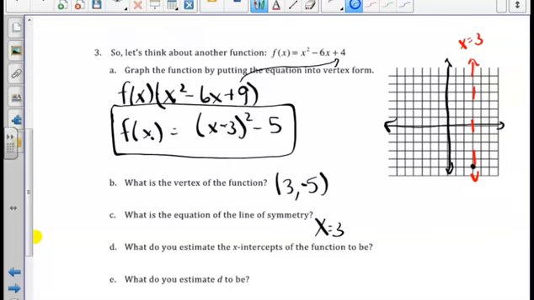Now we're asked to estimate where the x-intercepts of the function would be. Since the distance from the axis of symmetry, which is here, is the same to each, with our h value of 3, the intercepts are 3 minus d, 0, and 3 plus d, 0.